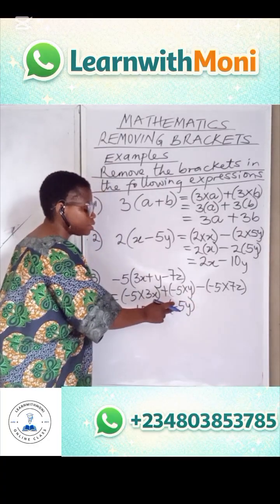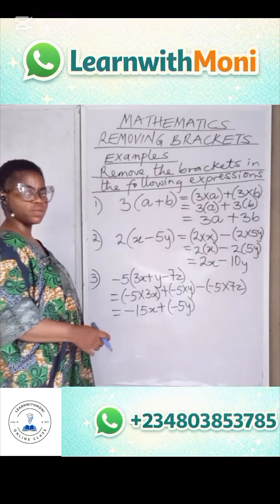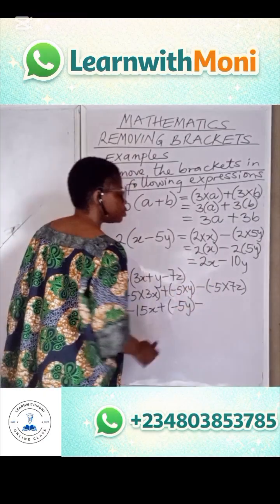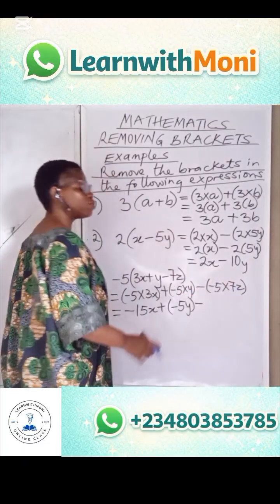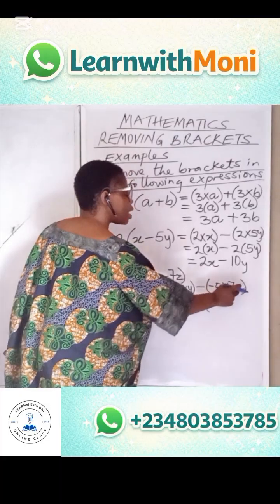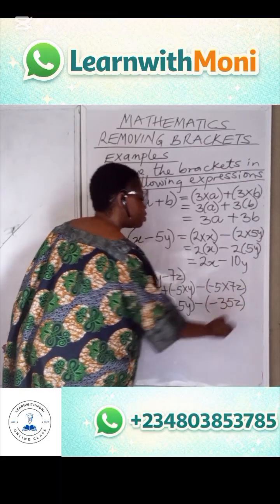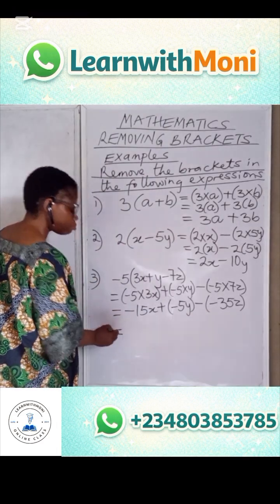I am retaining this bracket because of this negative sign in front of the 5y. Now I have minus. Here I have minus times the plus in front of 7z. That is minus. 5 times 7z is 35z. Now we have to treat the last stage of the minus we have.